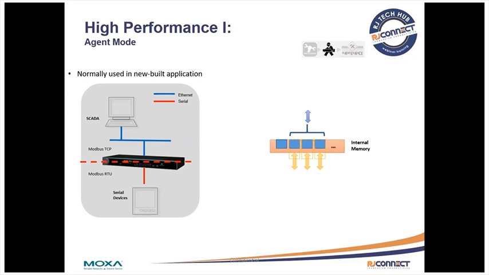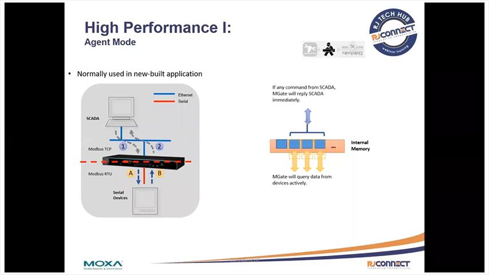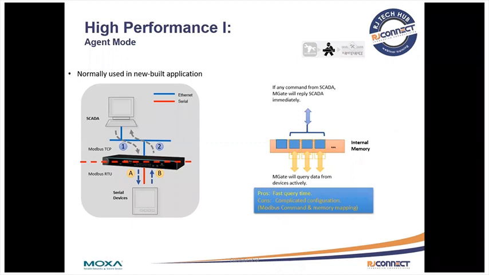So we use an internal memory in our Mgate. The Mgate will query the data from the devices directly, so the Mgate is actually the Modbus serial master. And then if any commands from the SCADA come into the Mgate, the Mgate will reply to the SCADA immediately. That makes it fast query time.